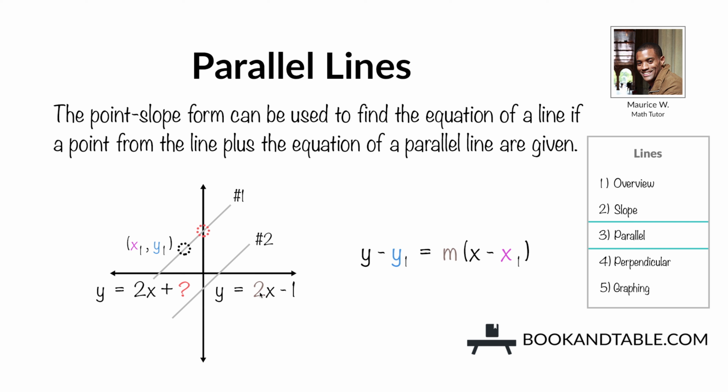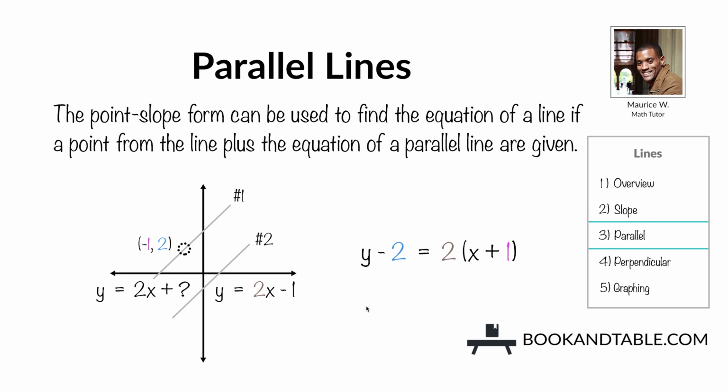If we are given the slope of the second line, that means this slope is the same, as we mentioned, so we could plug that in for m. And if you are given a specific point on the line you are trying to find, then you can plug in that point for x1 and y1, and then you use the point-slope form to figure out the equation of this line.